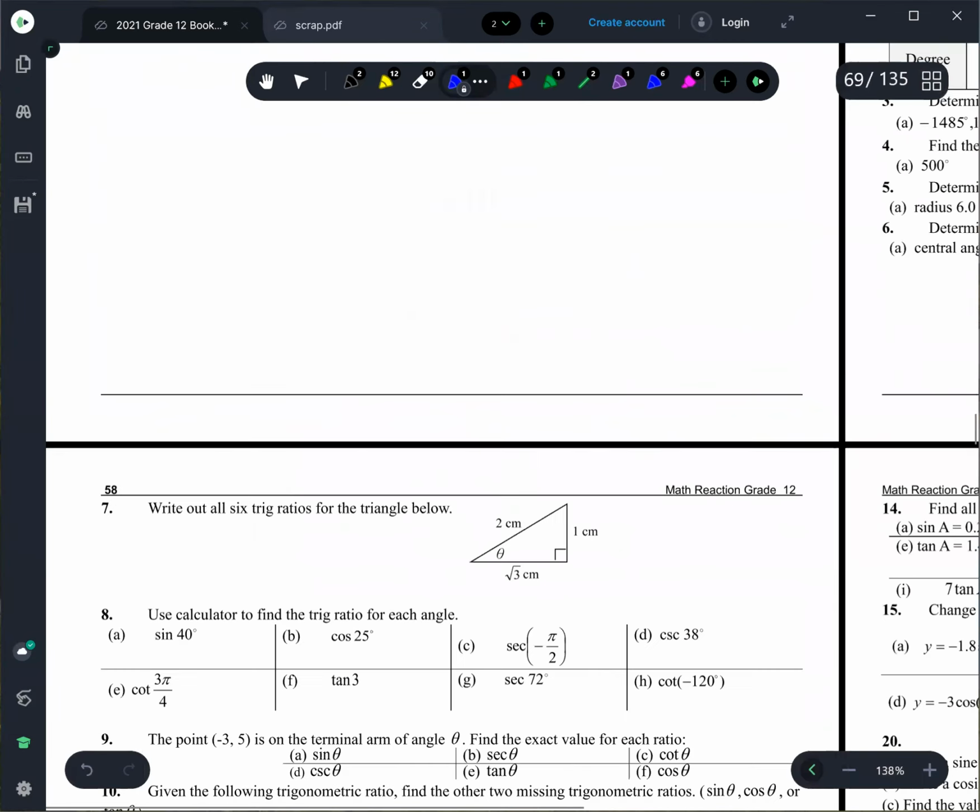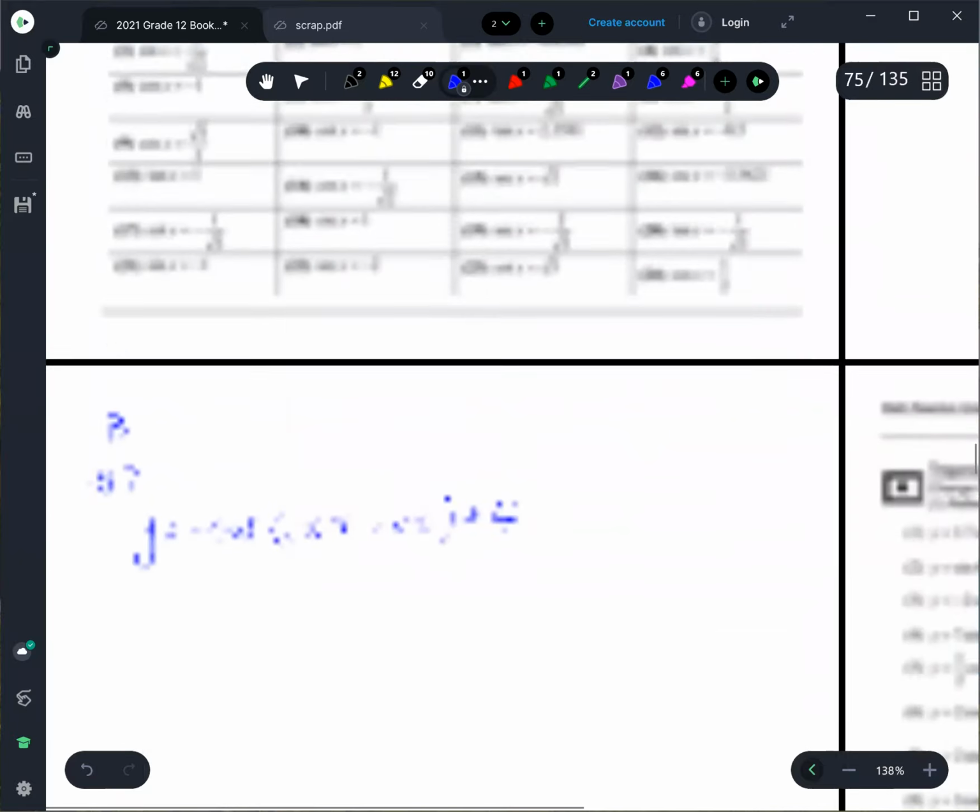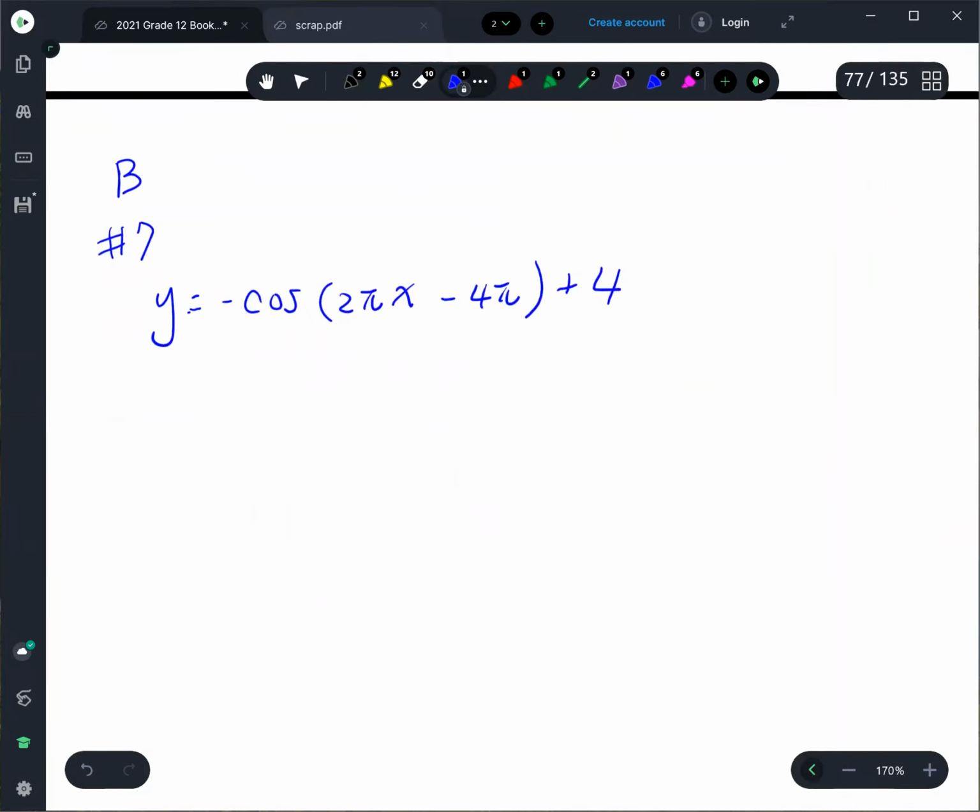Okay, so let's start with number 7 here. So Evan, can you tell us what's our first step in the summary? Change the general form. Yeah, and we need to find out the ABCD, right? Okay, have you changed it to the general form yet? No, not yet. Okay, can you do that?